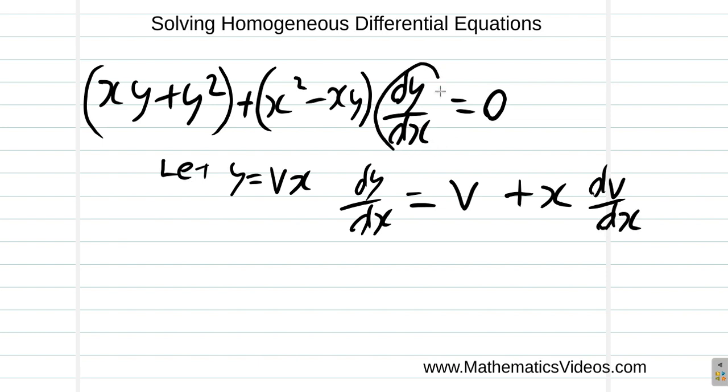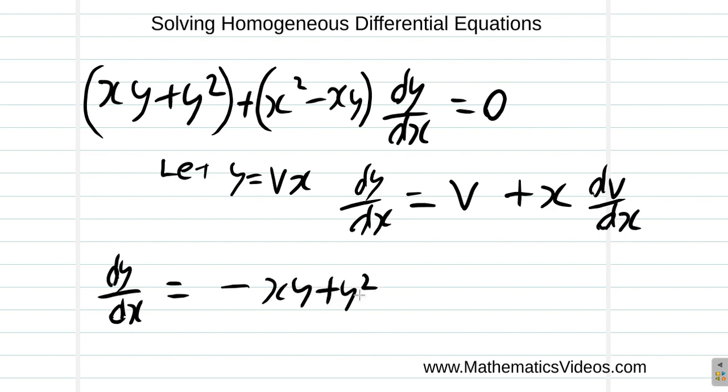Now let's transpose for this dy by dx. Let's see, dy by dx is equal to, you subtract xy plus y squared, and you divide by x squared minus xy.